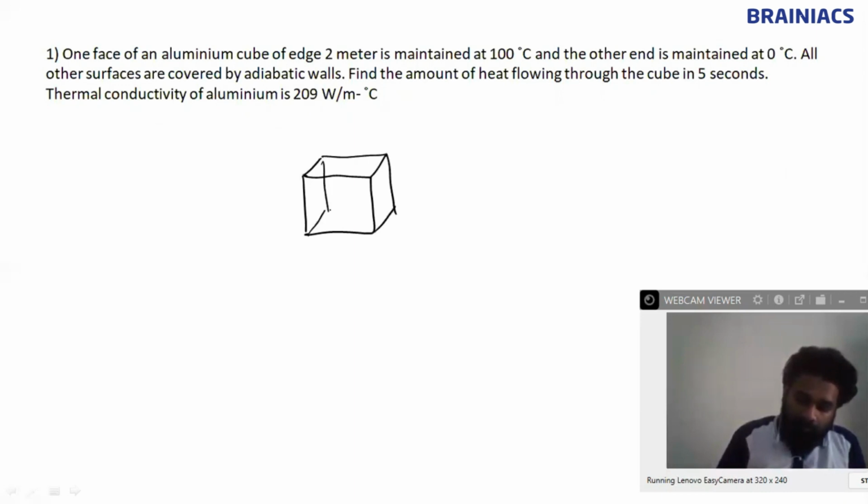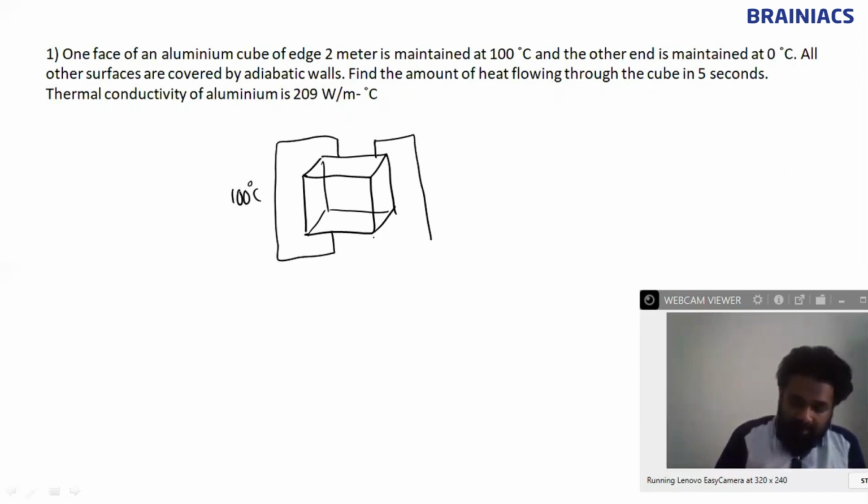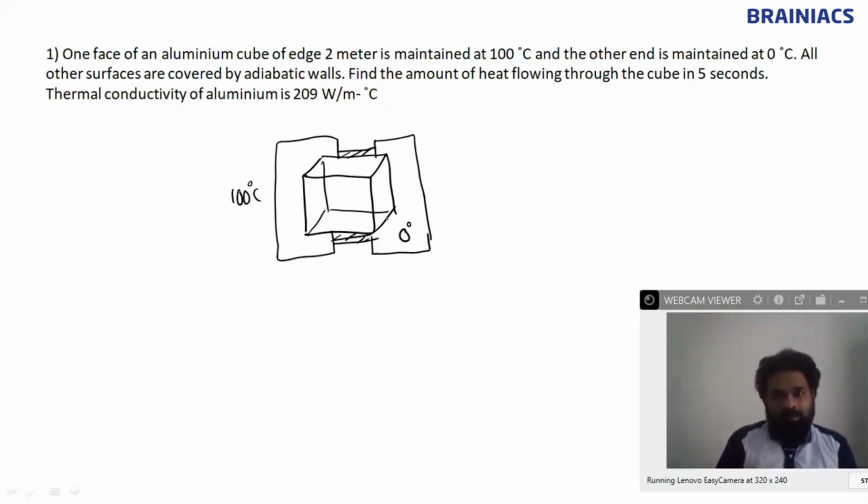One side is maintained at 100 degrees Celsius and the other side at 0 degrees Celsius, and it is covered with adiabatic walls. Adiabatic walls means there won't be any heat loss, and its edge is 2 meter, meaning length, breadth, width, everything is 2 meters. Now we need to know the amount of heat flowing through the cube in 5 seconds.